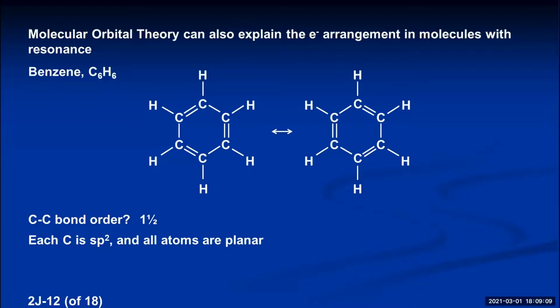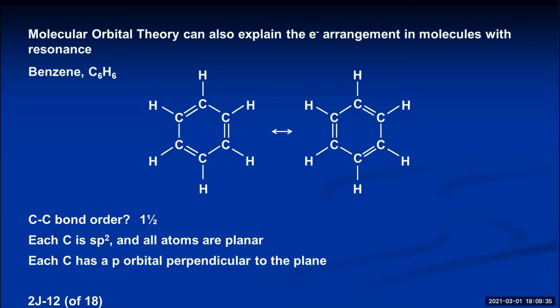Now, if you have sp2 hybridization, you will have one p orbital left over that is not hybridized. And if you remember where that exists, if the sp2 orbitals are flat on the paper, that p orbital is perpendicular to them. It's got to be pointing out towards you and going back behind the plane of the paper. So every carbon in this ring has a p orbital that's perpendicular to the plane of the paper itself.